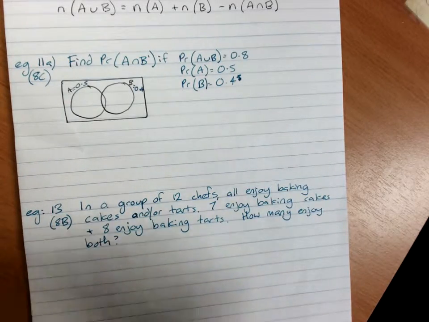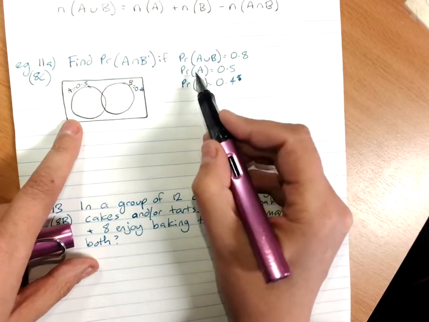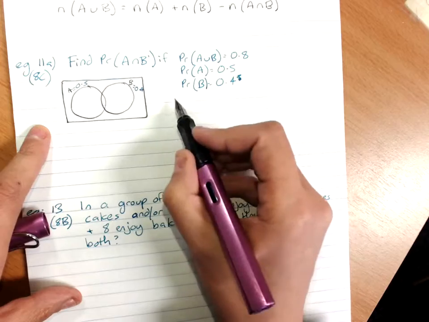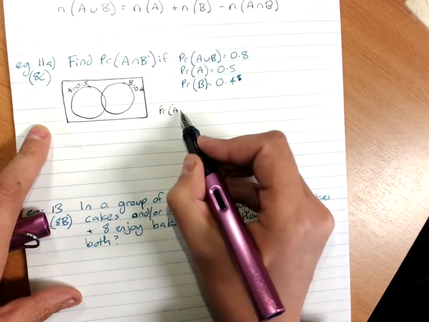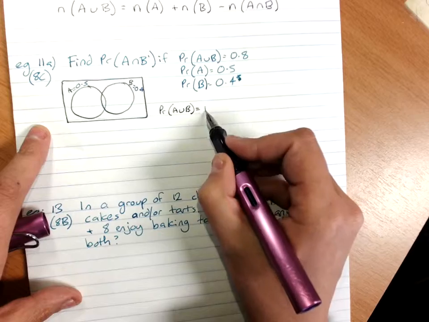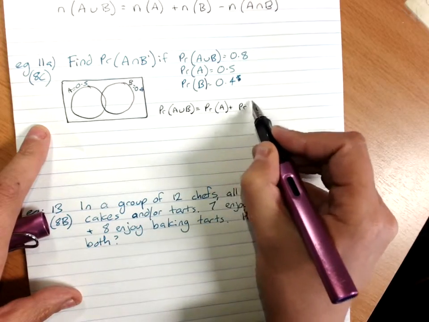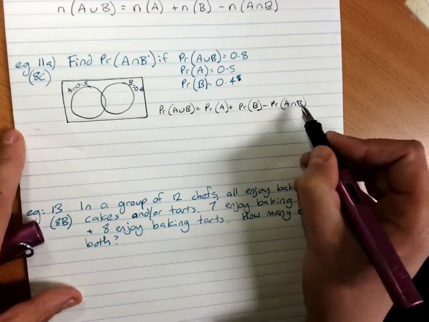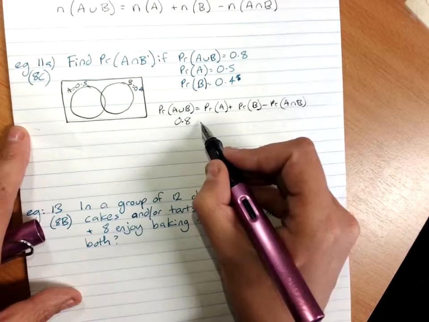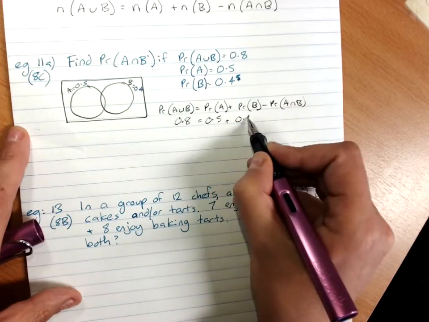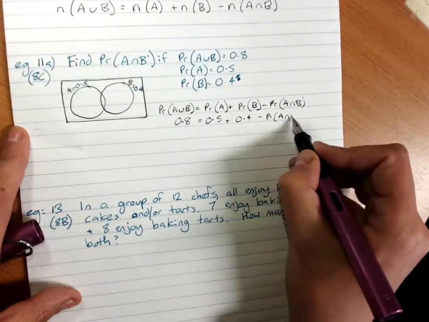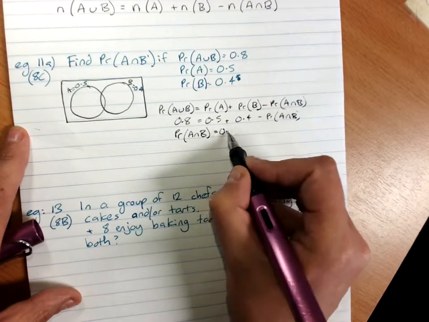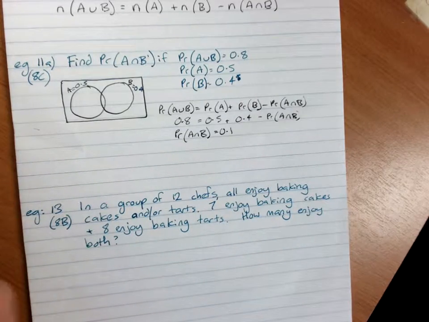So I would use the standard addition rule to work out the probability of just A and B. So that's what we're finding there. Substitute our values in. So the probability of A and B, solving that, is 0.1.